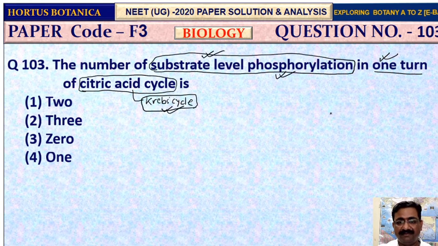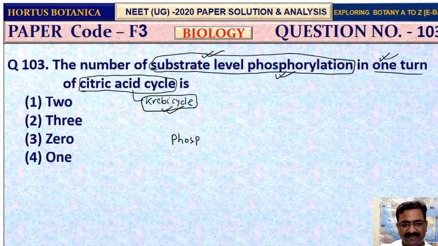As we all are here to explore biology from A to Z, we have to first understand two important terminologies. First one is phosphorylation. By name it is very much clear.